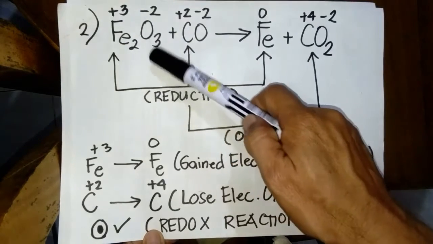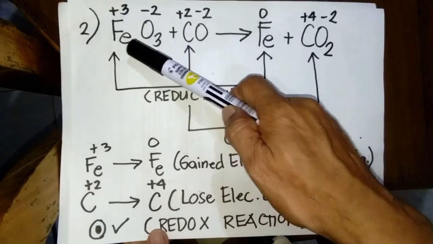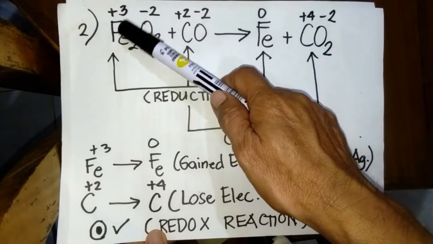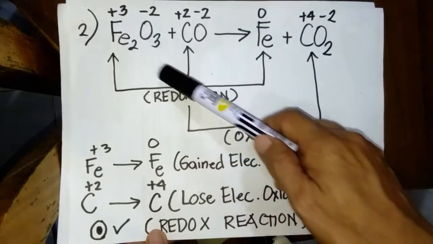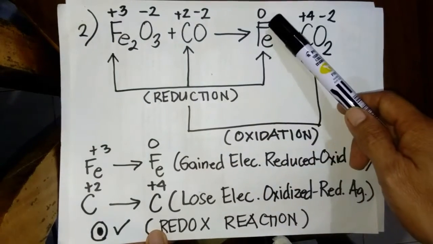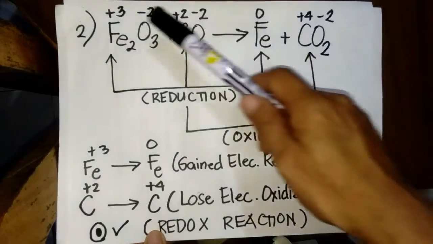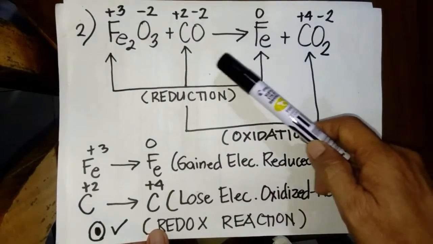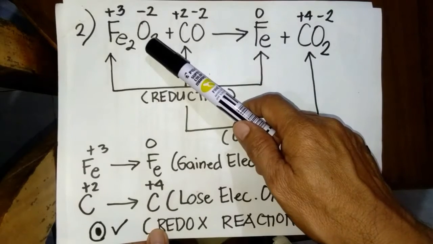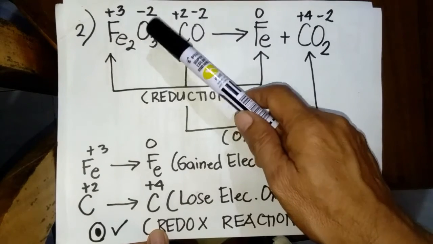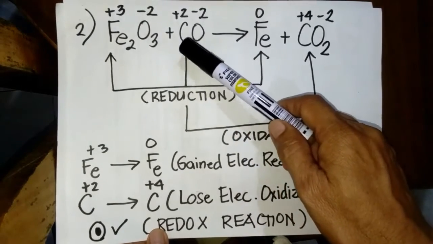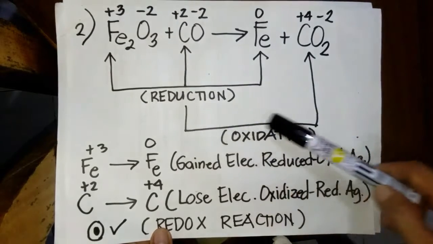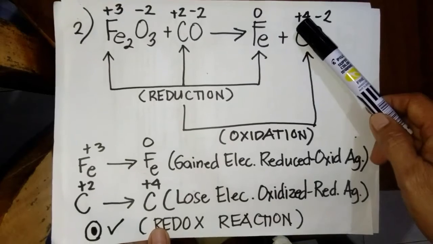In Fe2O3 in the reactant side, iron is positive 3 and becomes 0 in the product. The oxidation number goes from positive 3 to 0. Here, the oxygen is the same. The carbon in the reactant side goes from positive 2 to positive 4.